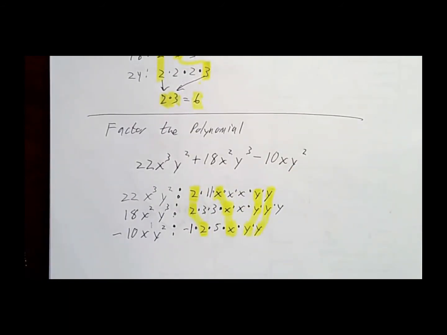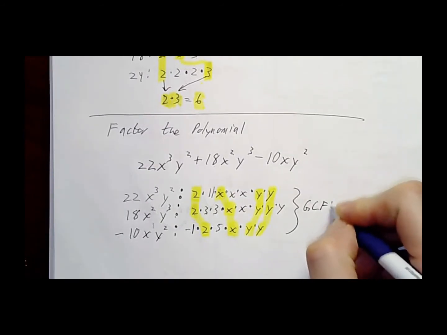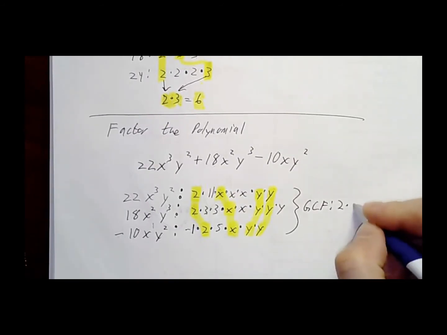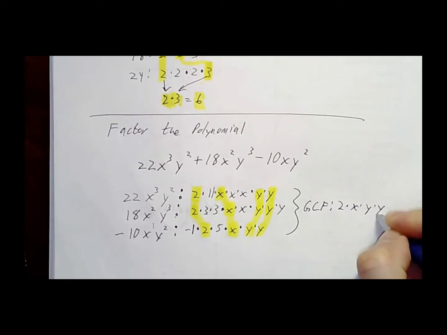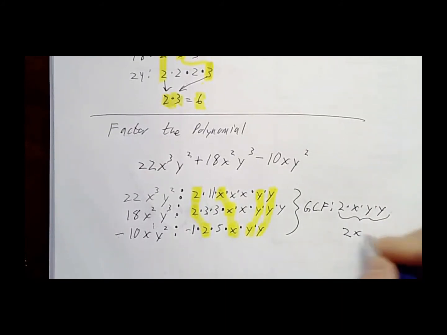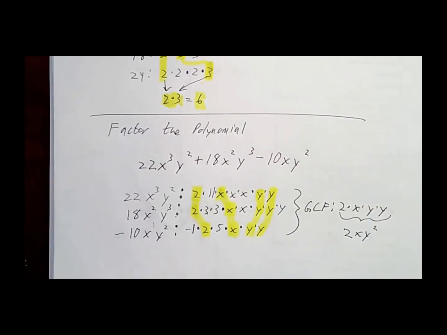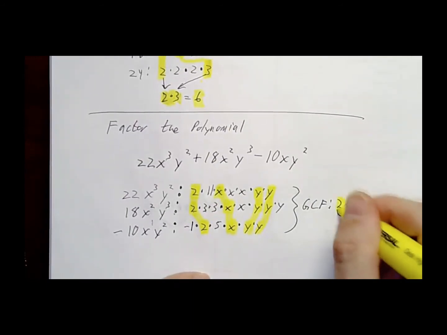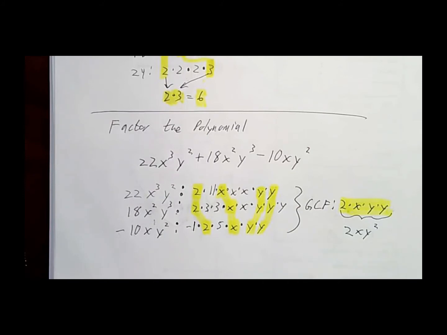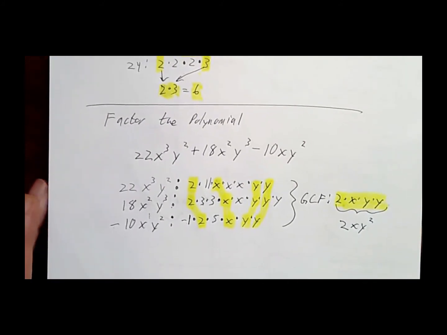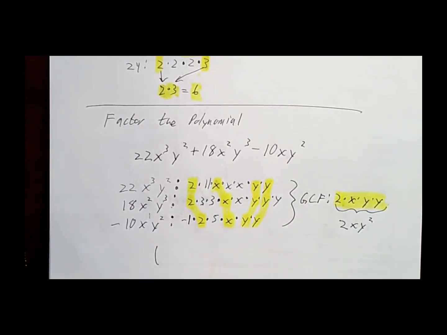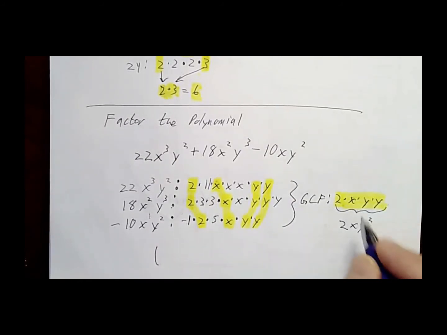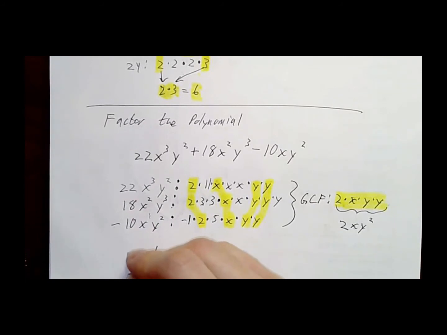This is going to be their GCF, 2 times x times y, which then simplifies to 2xy squared. If you notice, all of this came from the highlighters. So when I factor a polynomial, I need to take all those terms out and write that in front of some set of parentheses. So that 2xy squared is going to come out.